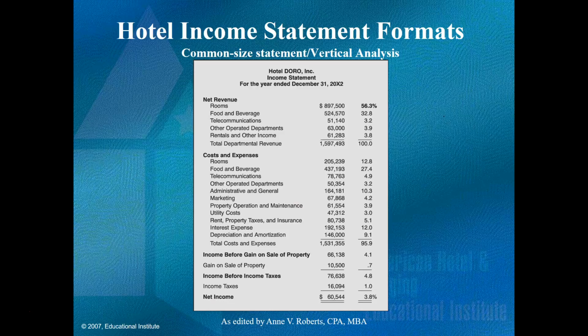Maybe that marketing campaign went well and we had more revenues coming in from food and beverage, but something's happening in our rooms department such that rooms have stagnated or maybe even fallen off. Kind of get the idea here? So we've got to figure out what percentage of the total revenues are from which department. Okay?